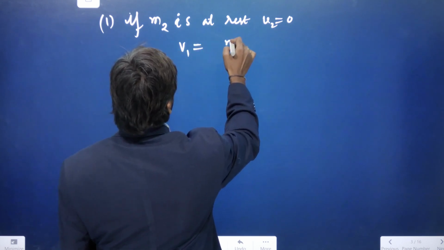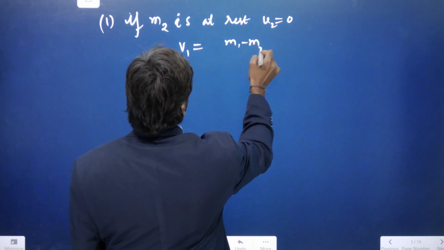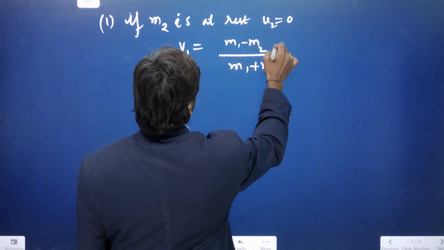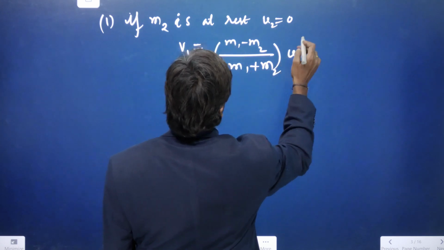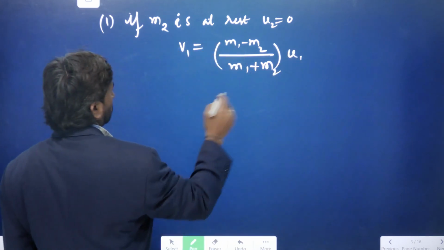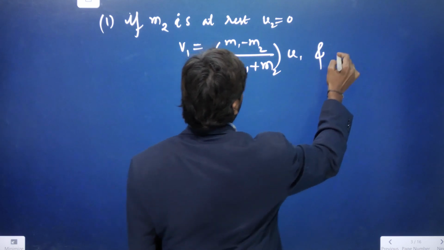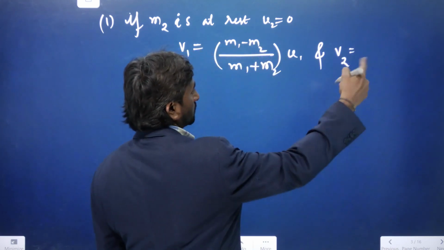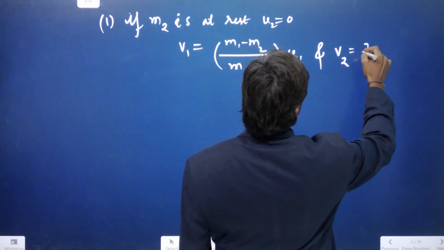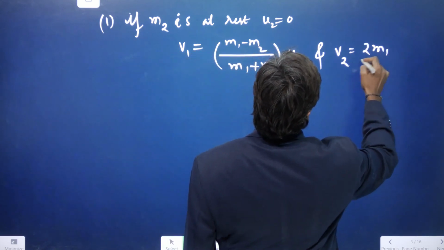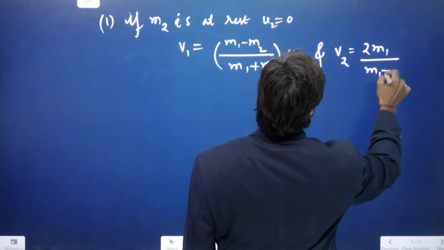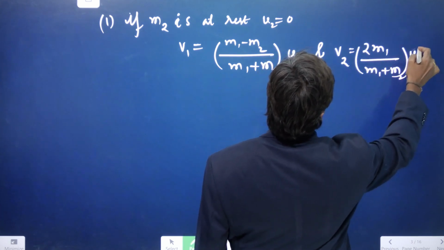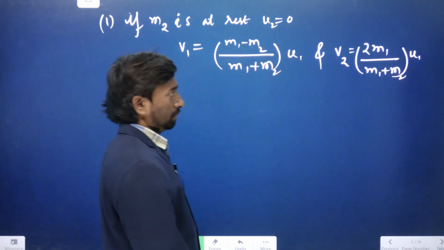Then v1 we can write as m1 minus m2 divided by m1 plus m2 into u1, and the final velocity v2 is, since u2 is at rest, 0 there, 2 into m1 by m1 plus m2 into u1.